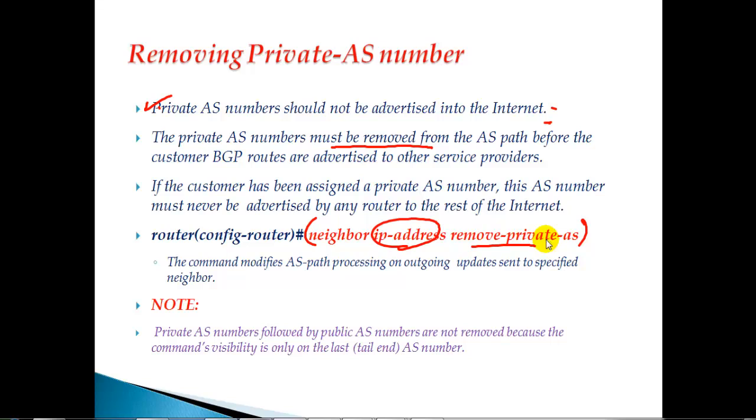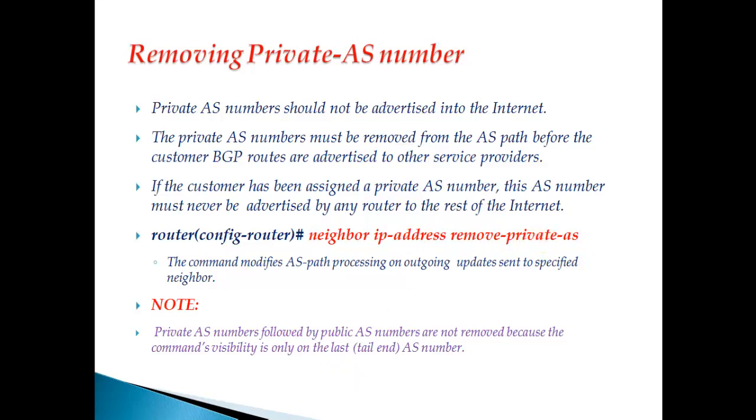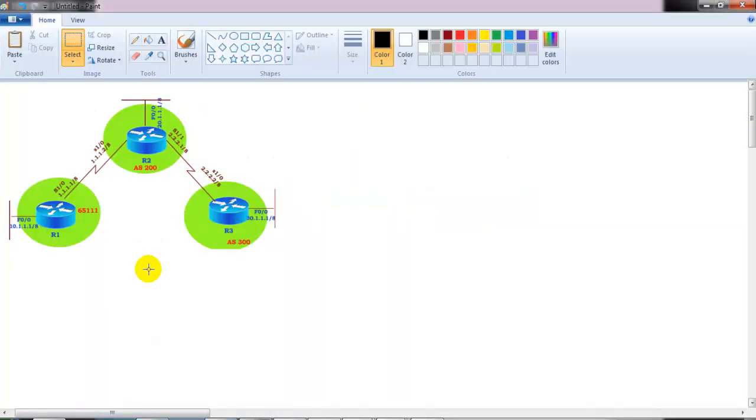Let's try to practically verify this. To verify this lab, I have a very basic scenario with 3 routers, and all 3 routers are pre-configured with all the eBGP prerequisites. I already have eBGP configured here.